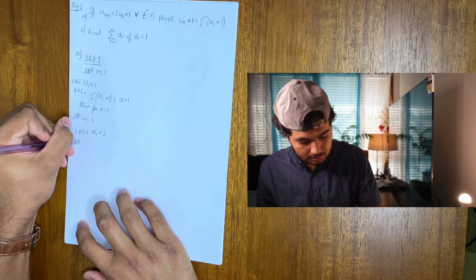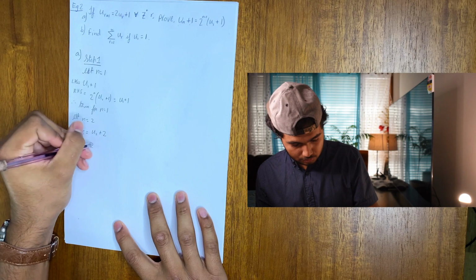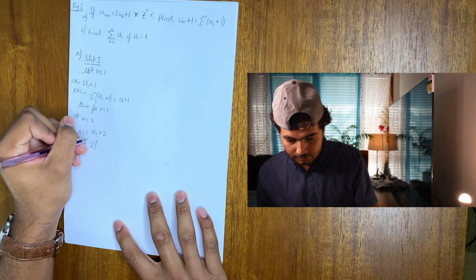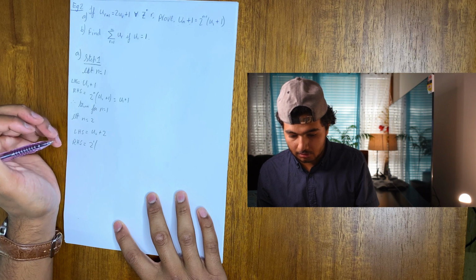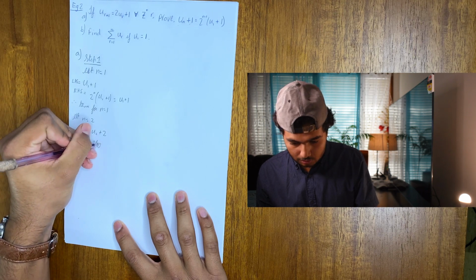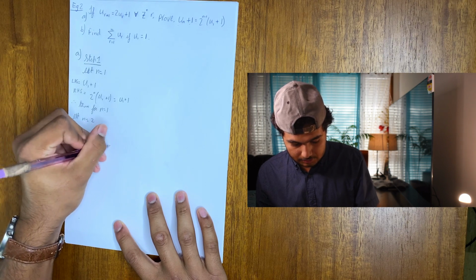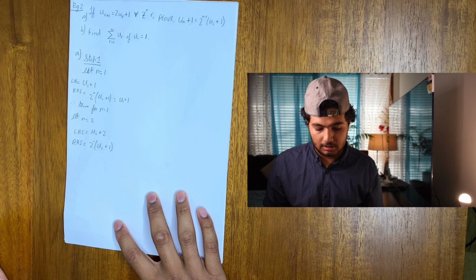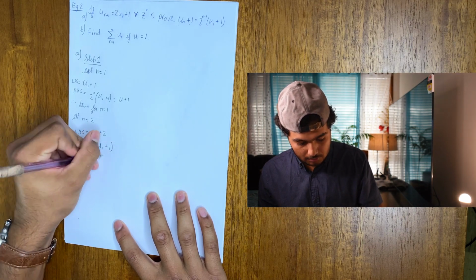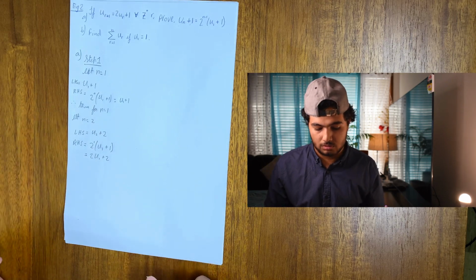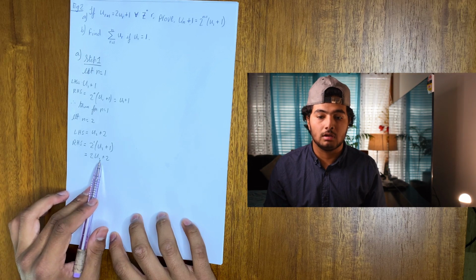RHS would be subbing 2 there, so we have 2 to the 1 brackets, we get u to the 1 plus 1 in this case. Next step, 2u to the 1 plus 2 over here. But what is 2u to the 1 equal to?